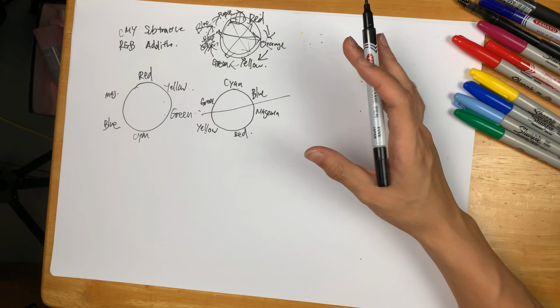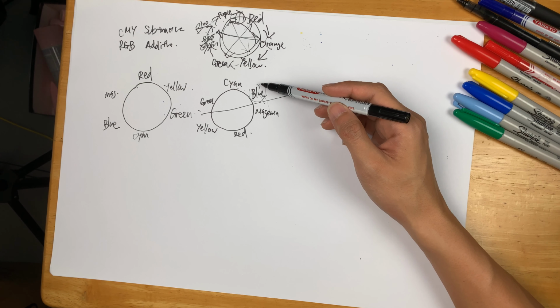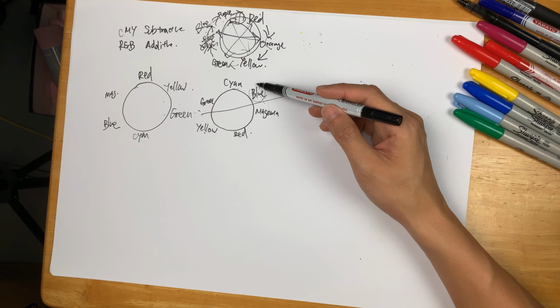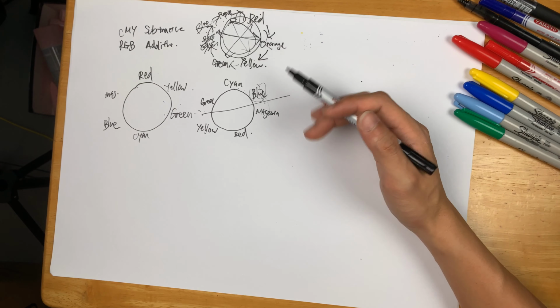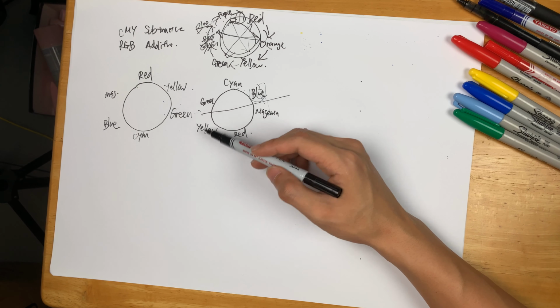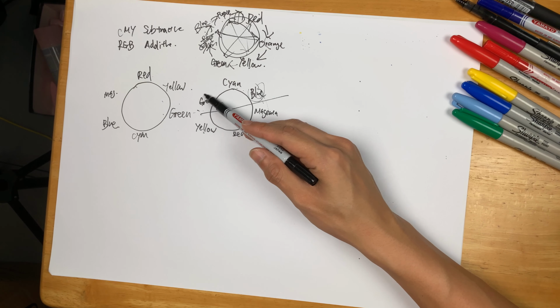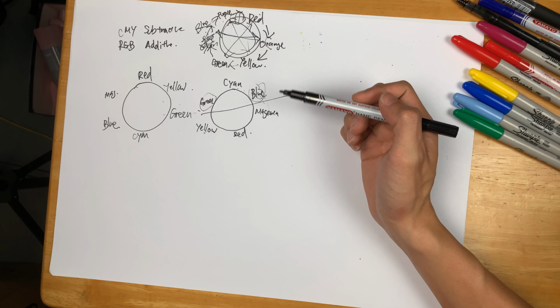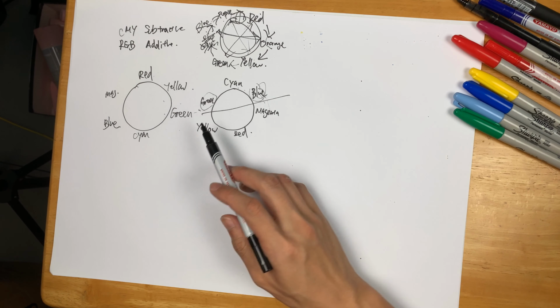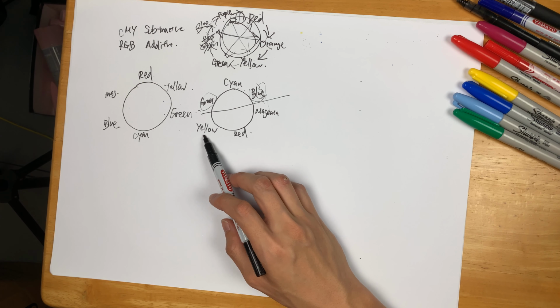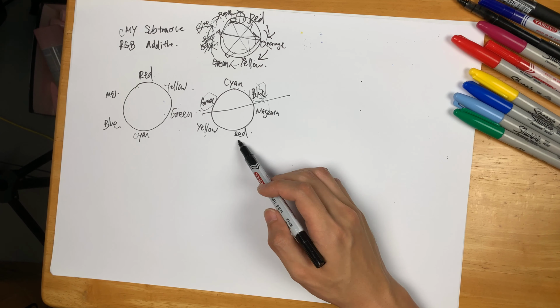So once I add cyan to it, I get a blue look. Once I add cyan to yellow, it looks very cool as well, on the green side. So I know that yellow is a warm color, magenta is a warm color as well, and when I mix these two warm colors, I get red.